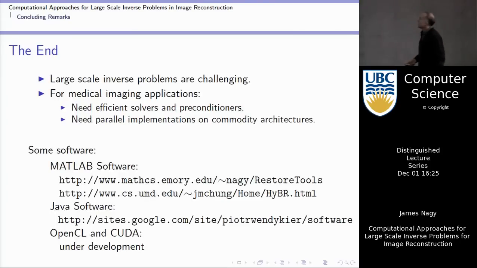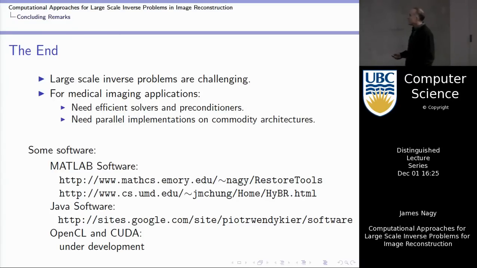All right, so let me just close. I think these large-scale inverse problems are, of course, quite challenging. In medical imaging, one of the issues is that they don't want to use supercomputers, necessarily. They want solvers that work well on commodity architectures, something they can put in their lab.